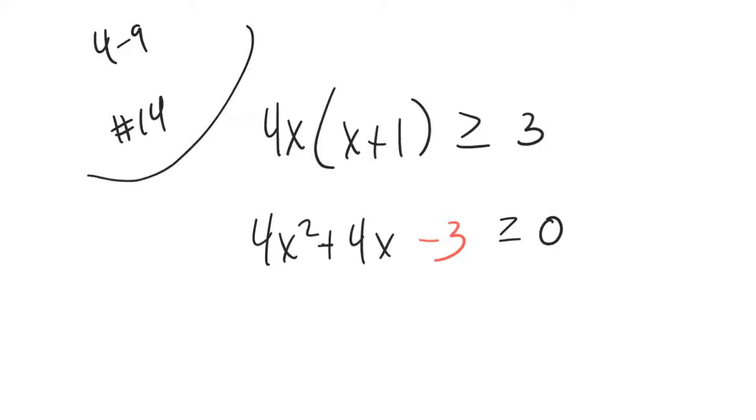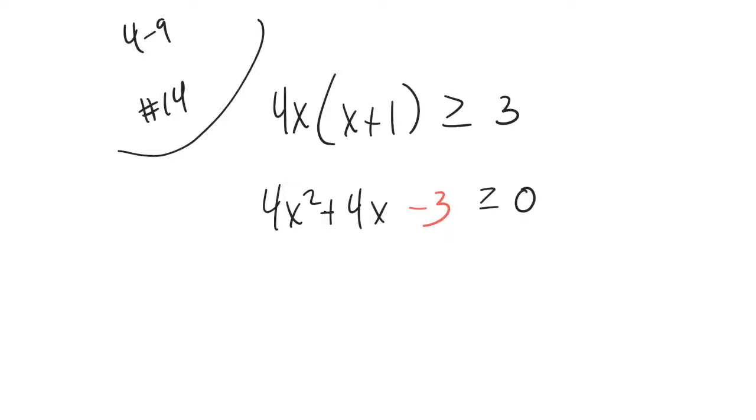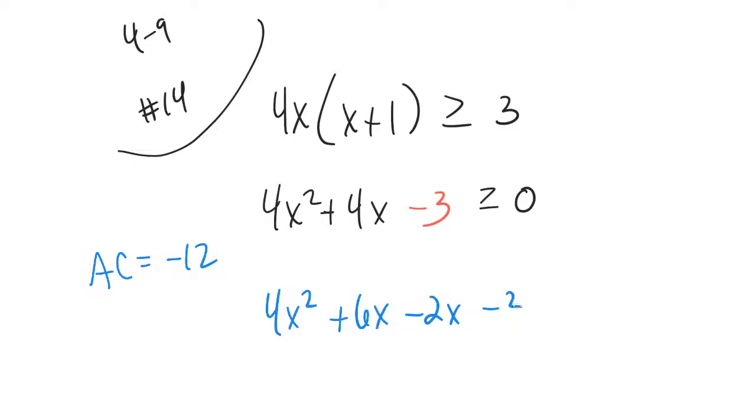Good so far? Now at this point, what method do I use? AC. I would use AC here. I mean, you could try 4x and x, and you could try 2x and x, and that works, but I don't like to. What multiplies to negative 12 and adds up to positive 4? 6 and negative 2. Looks good to me.